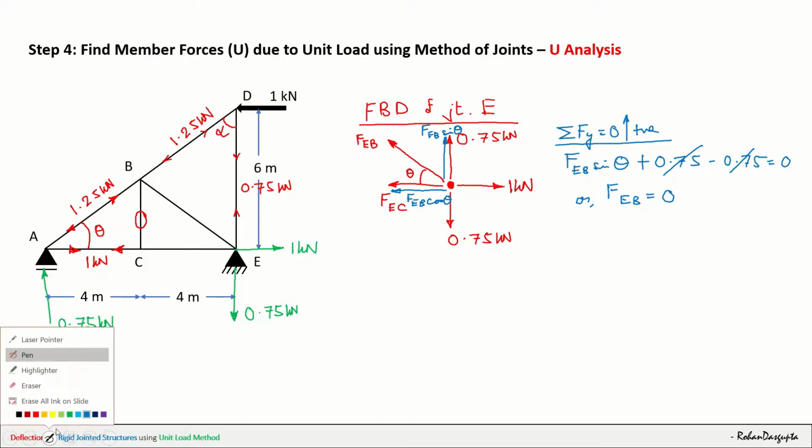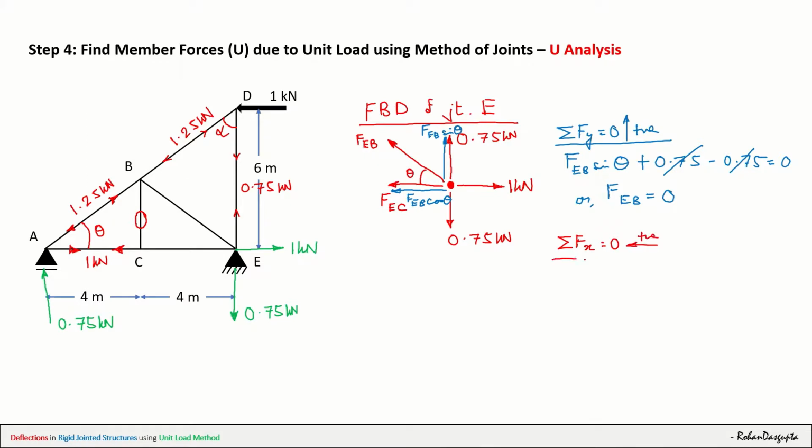Next, let's go for summation of Fx equals to 0, and let us take the left side as positive. So what we have here is FEC plus FEB cos theta, and this 1 kilonewton is towards the right, so let me take that as minus 1, is equal to 0.